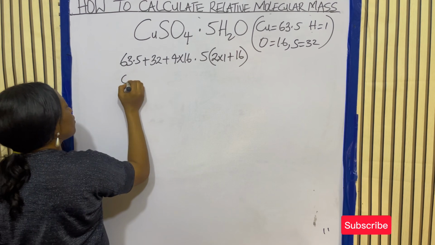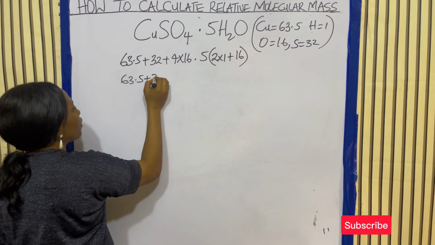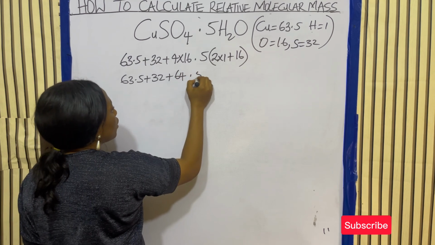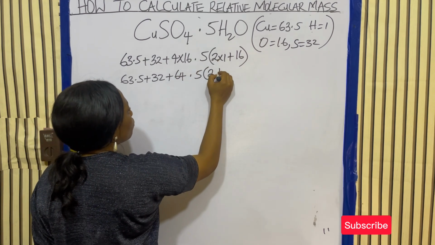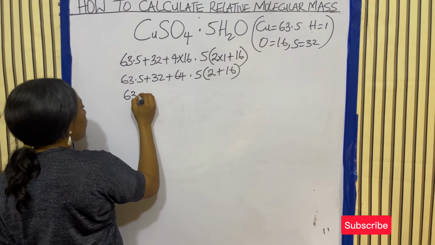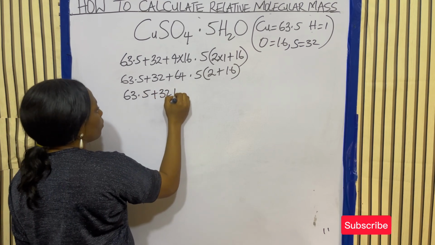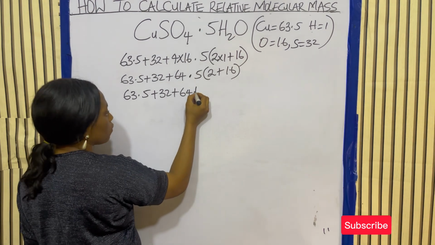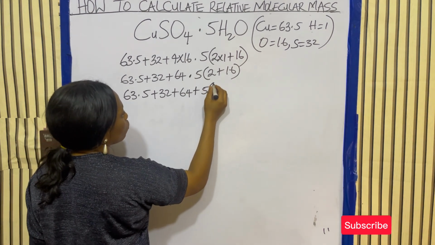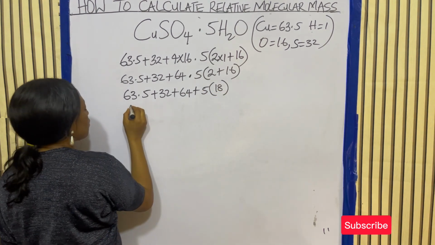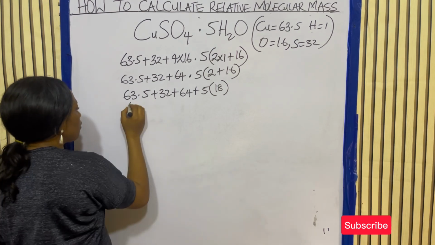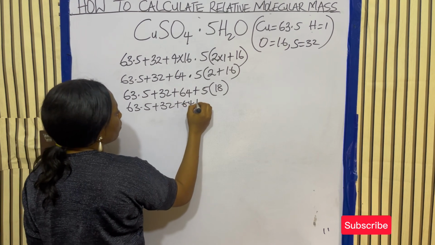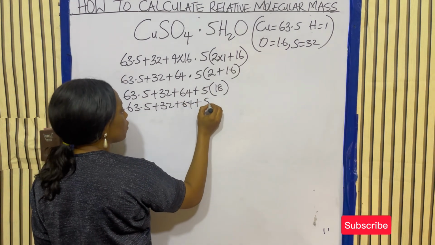So you have 63.5 plus 32 plus this times this is going to give us 64 into 5. 2 times 1, 2 plus 16. You have that 63.5 plus 32 plus 64. We are going to convert these dots to plus. 5 into 18. So this is going to be 63.5 plus 32 plus 64 plus this times this will give us 90.